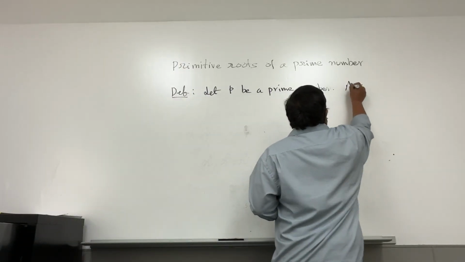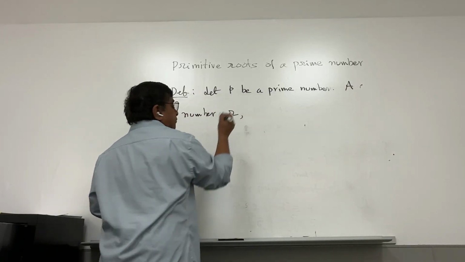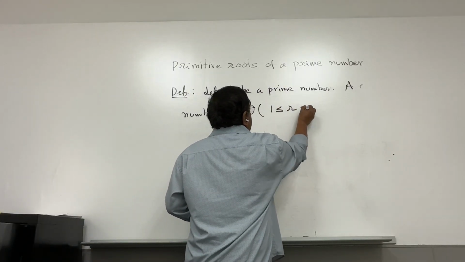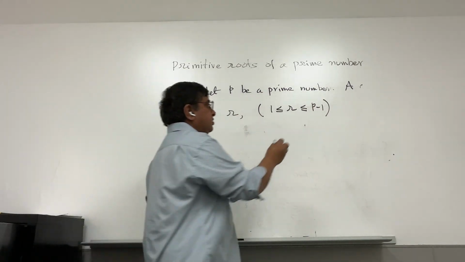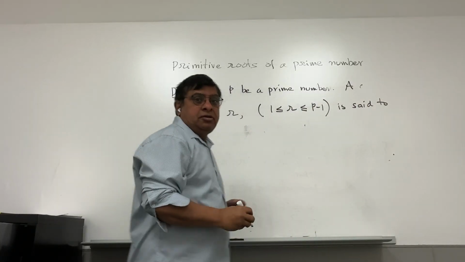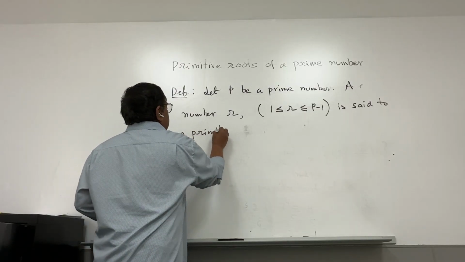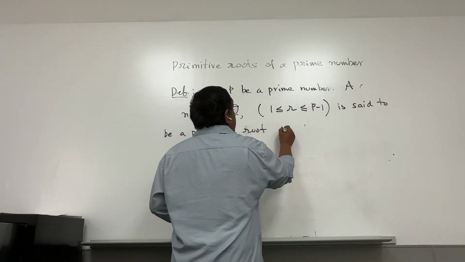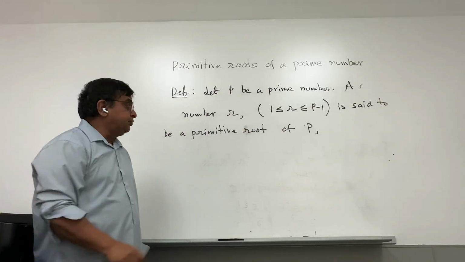A number r, and this r has to be between 1 and p minus 1, is said to be a primitive root of the prime number p if the following is true.